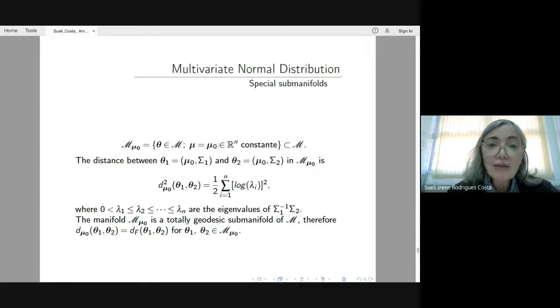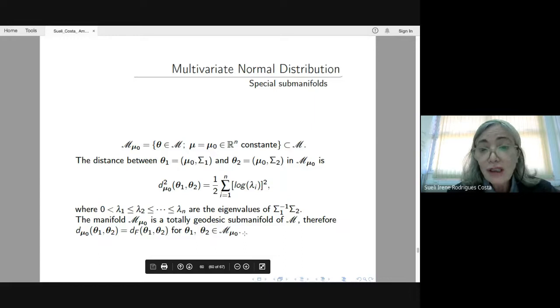It's like in dimension 2, the vertical lines are geodesics, right? And the distance between two parameters, which describes the distance between the distributions, will be given by this expression here, right?